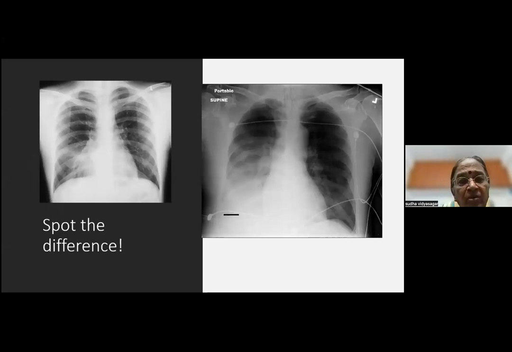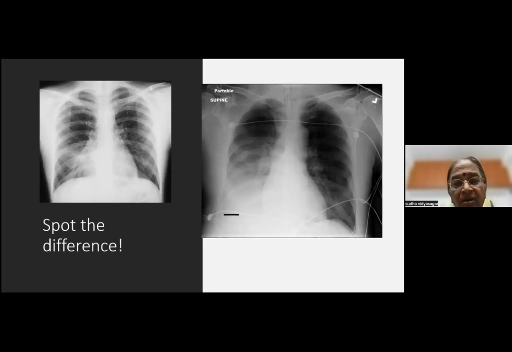I want you to spot the difference between these two X-rays. So what is the diagnosis for X-ray A and X-ray B? Pneumonia, homogeneous opacity.